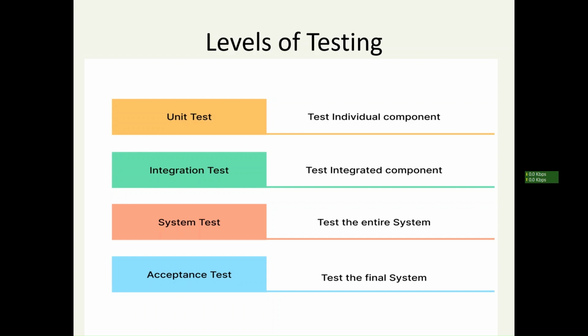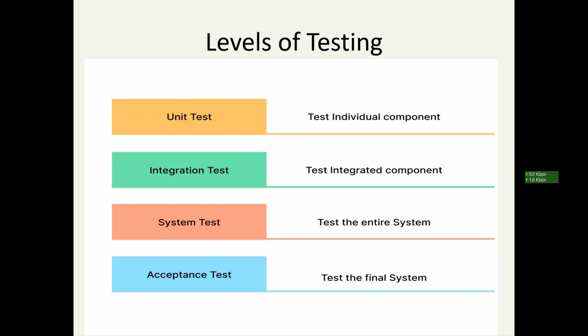Take the IRCTC application. There are different modules like login, searching a train, checking the availability, booking a ticket, printing a ticket. All these are modules. Checking whether all these modules are working properly or not is called unit testing. Not only units, subunits also.